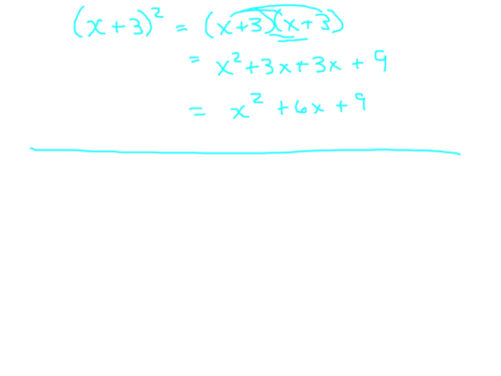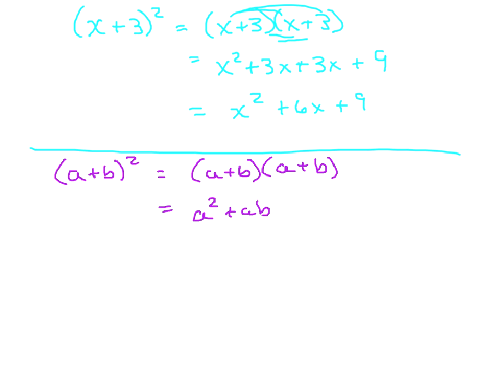Now let's look at this in very general terms so we can see the pattern that emerges. So let's use a's and b's. A plus b squared. That's a plus b times a plus b. So that's a squared plus ab plus ab plus b squared.